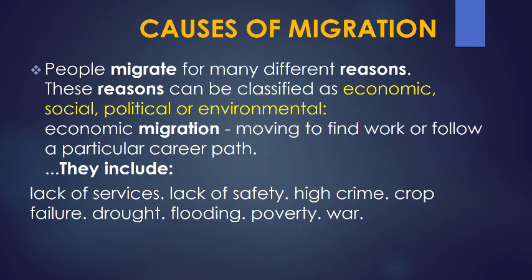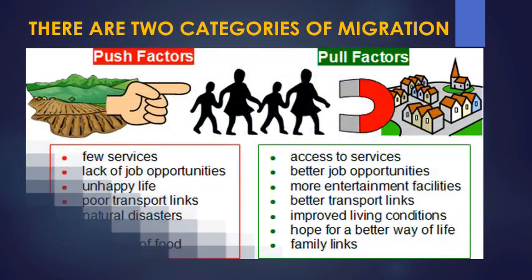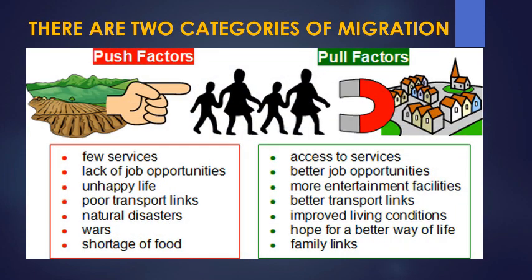It could be economic, for jobs or educational opportunities, for better living conditions, the environment, sometimes socio-political reasons, sometimes natural calamities or the climate, etc. So basically these are the categories of the causes of migration.